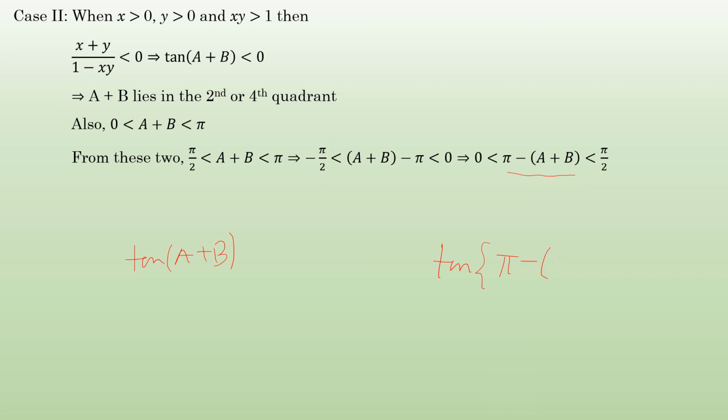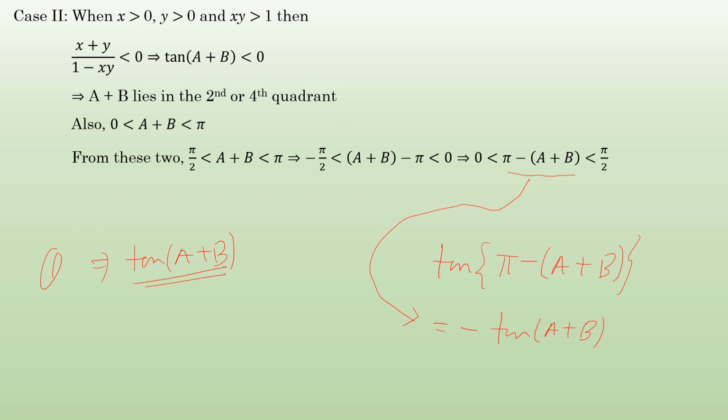But it will conclude that it is a negative tan a plus b, because tan of pi minus something is equal to minus of tan, as it is in the second quadrant actually. So if I use this angle, then it will finally give us a negative of tan a plus b. But in equation number 1, you will see that it was tan a plus b.